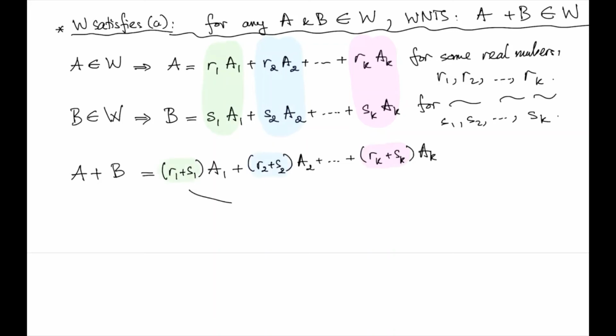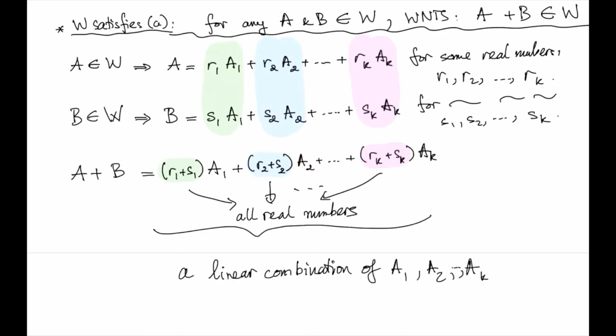Now look, this, this, and this, they are all real numbers. That means you are multiplying A1 with a real number, A2 with a real number, AK with a real number, and you add them all. What is it? It's a linear combination of A1, A2, and AK, right?